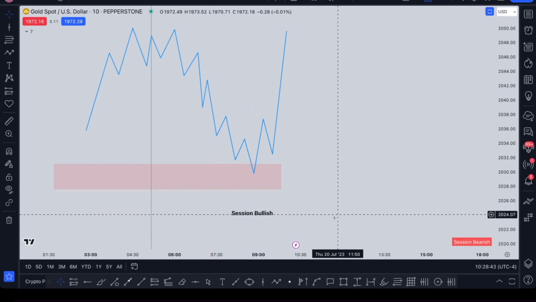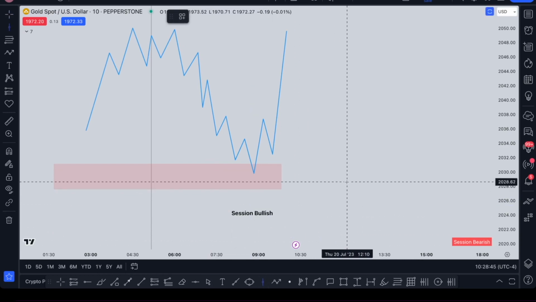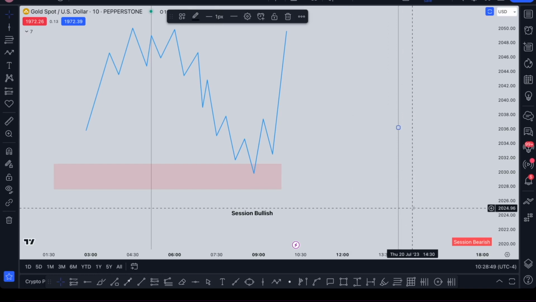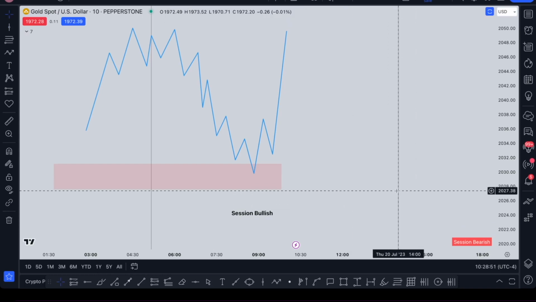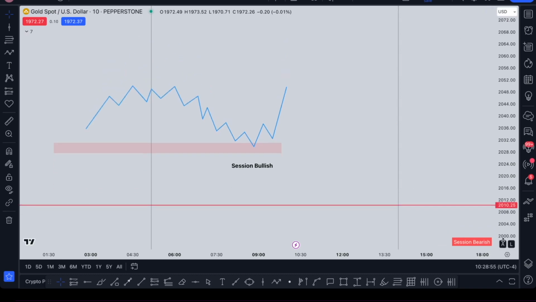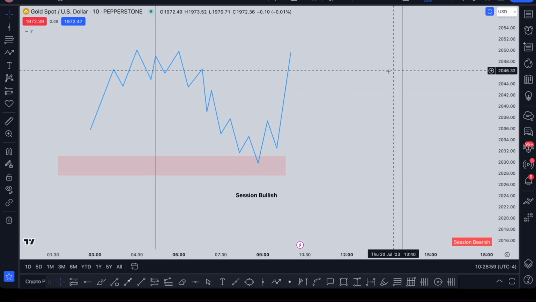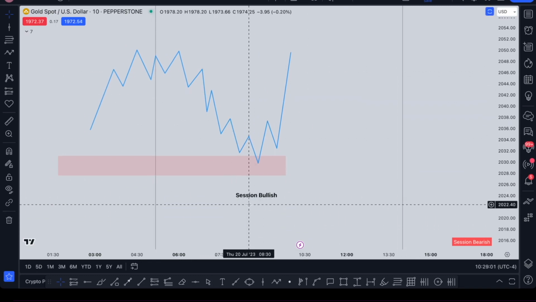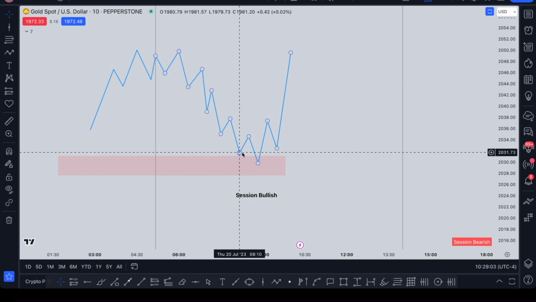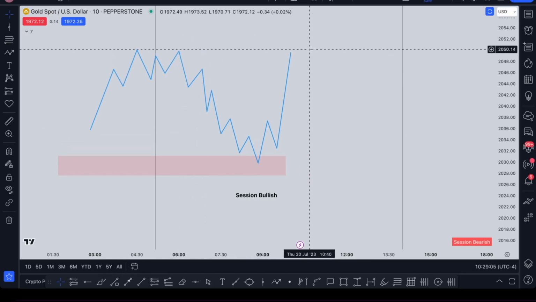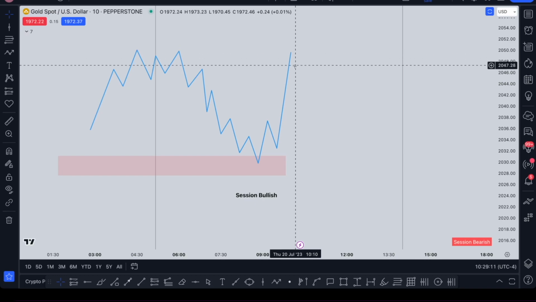The second qualifying condition is that price must close bullish by 2 p.m. EST, and if it does so, then the prediction was correct, because then it tells you that the entire New York session was indeed bullish. So I hope you guys understood that.